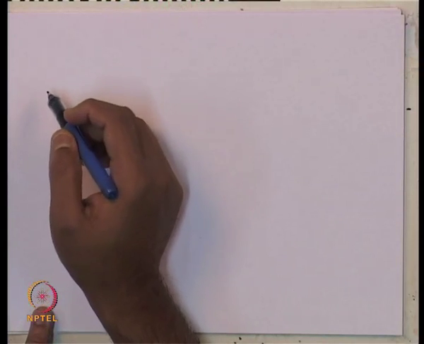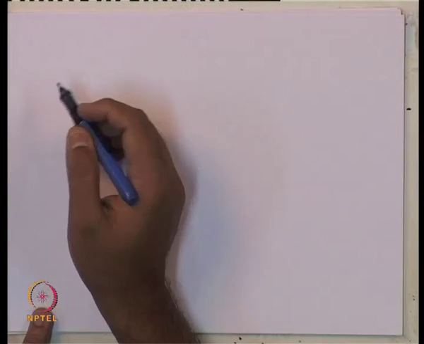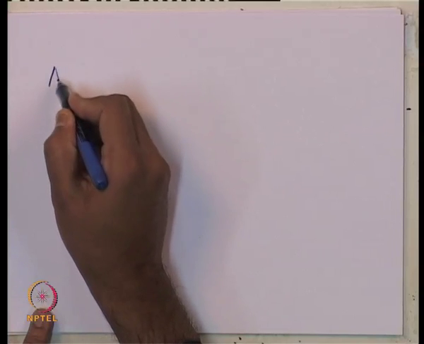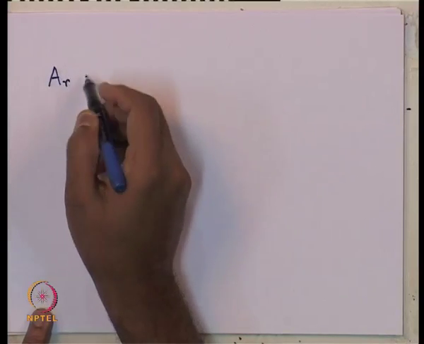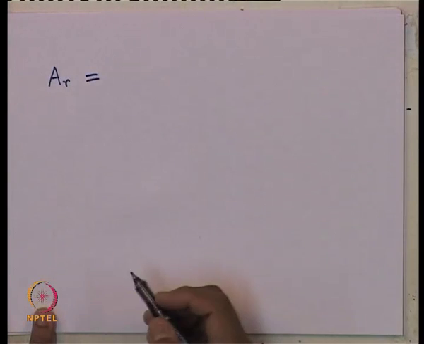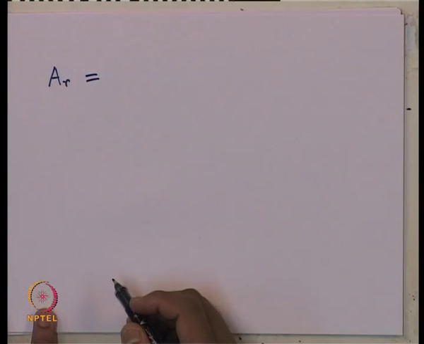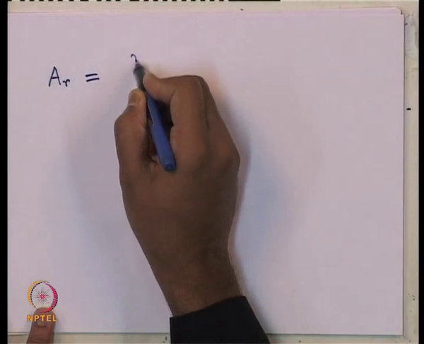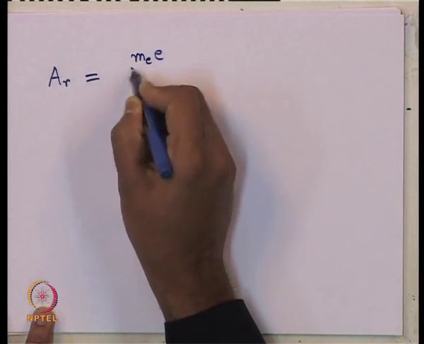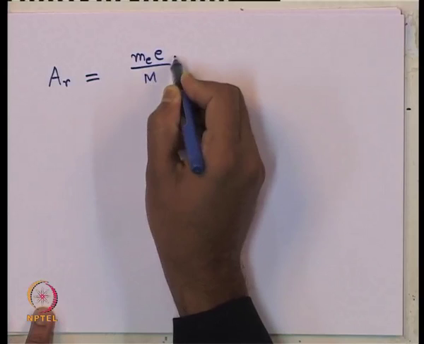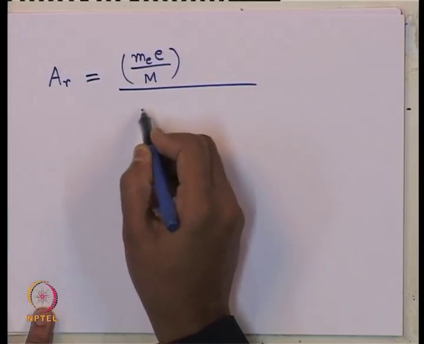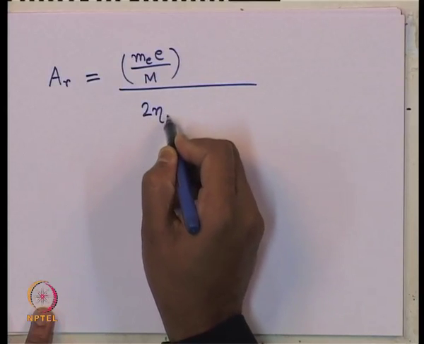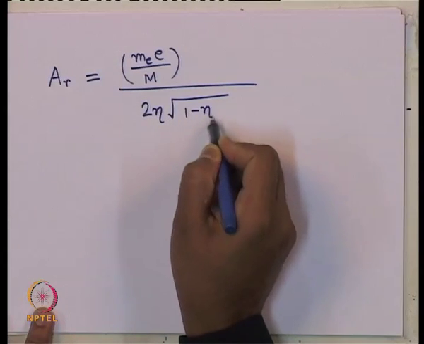Next, we have to calculate the displacement amplitude at resonance. So, AR, what is the expression for rotating mass type system? That is MEE by M into 1 by 2 eta root over 1 minus eta square.